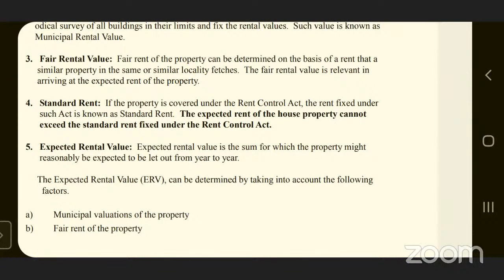So whatever rent is fixed by that Rent Control Act will be considered as standard rent. So the expected rent of house property cannot exceed the standard rent fixed under the Rent Control Act.